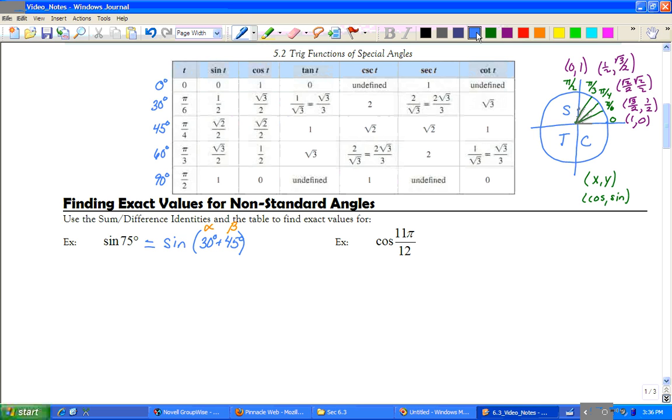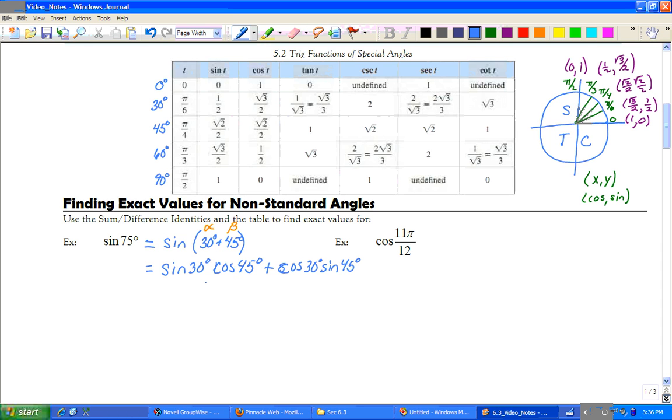If you look up at your sine family and the sum, this is going to be the sine of 30 degrees times the cosine of 45 degrees plus, because we keep the same sign, the cosine of 30 degrees times the sine of 45 degrees.